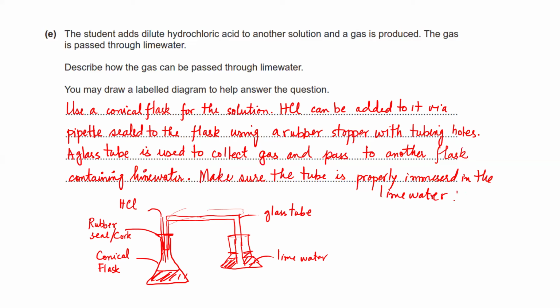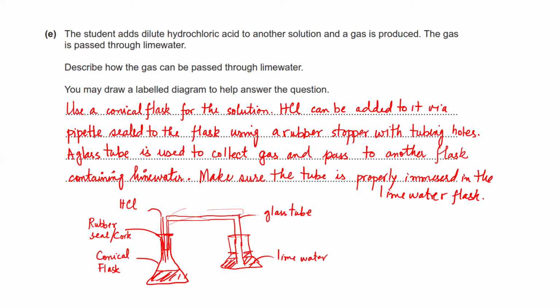Okay. So the gas must be released in the lime water flask, inside the lime water, not above it, so that the gas properly interacts with the lime water and turns it milky.